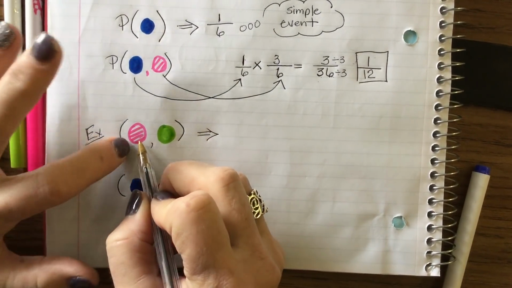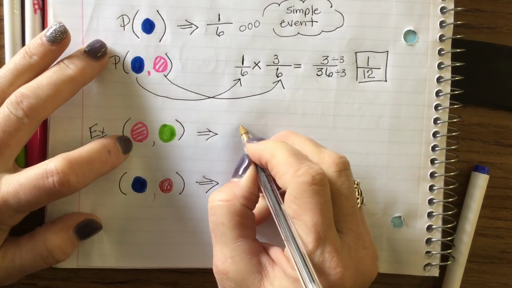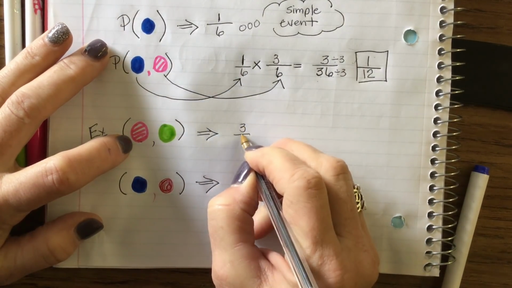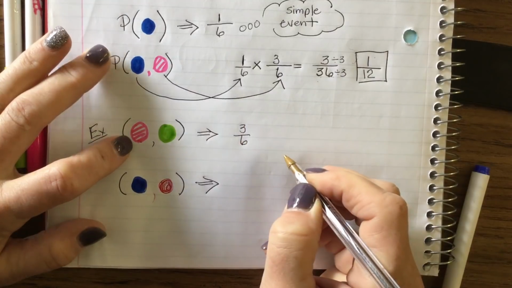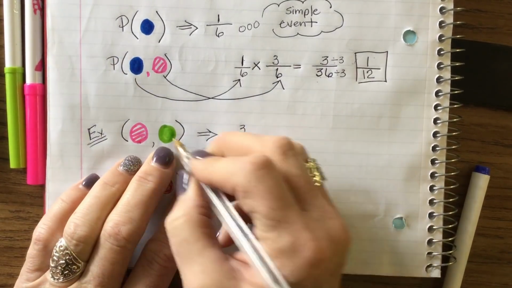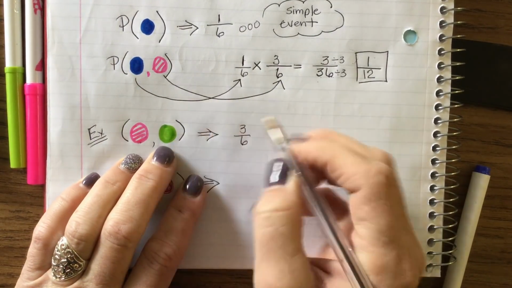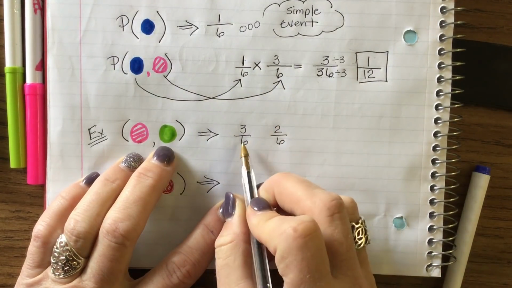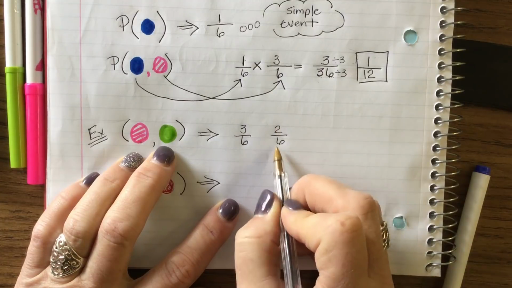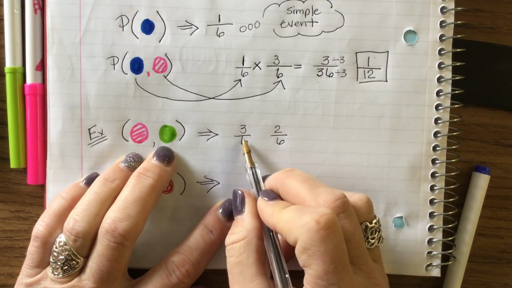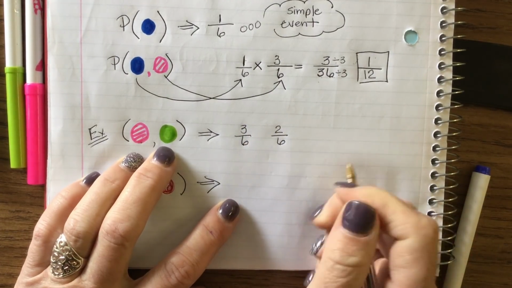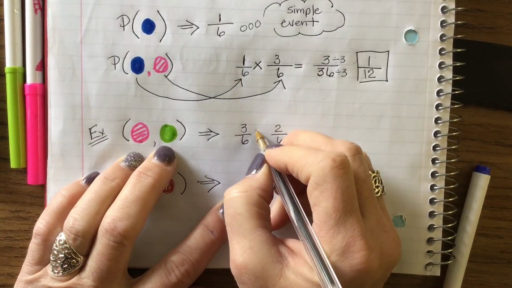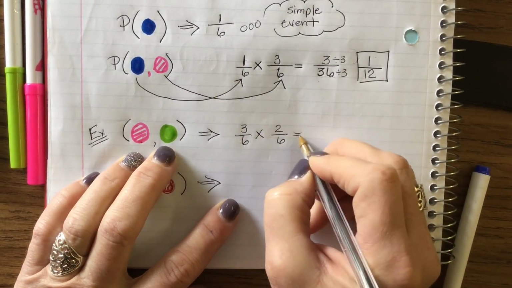The probability of a pink striped one, we know, is 3 out of 6. Can I reduce it to 1/2? Absolutely. The probability of a green one is 2 out of 6. Now, it's a lot easier to go ahead and simplify these now, or you can simplify it at the end. It's your choice. And I know that I always multiply.